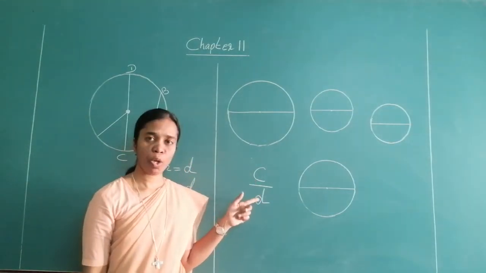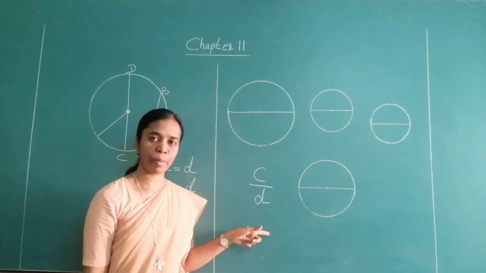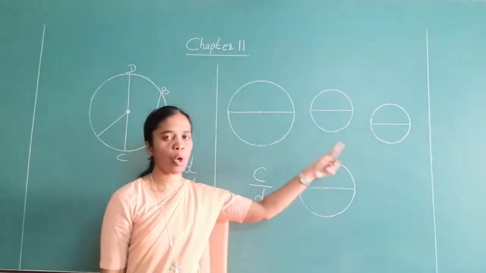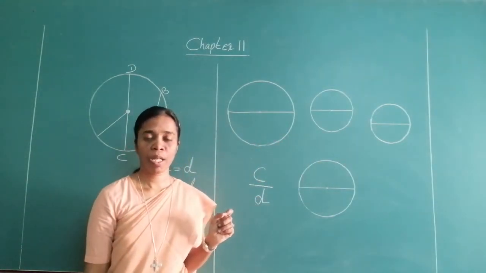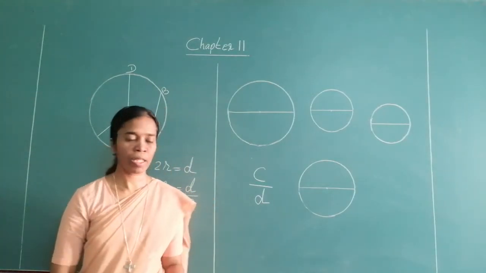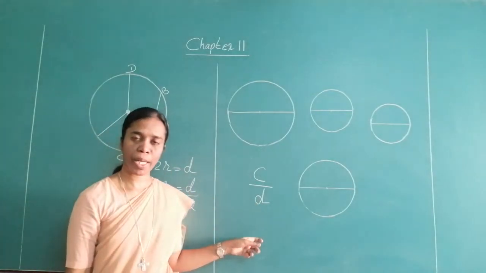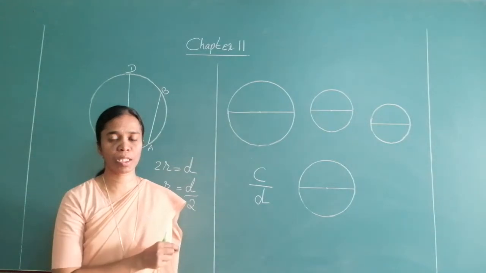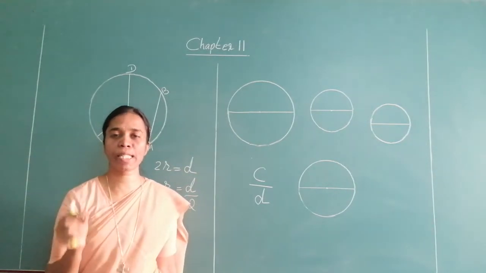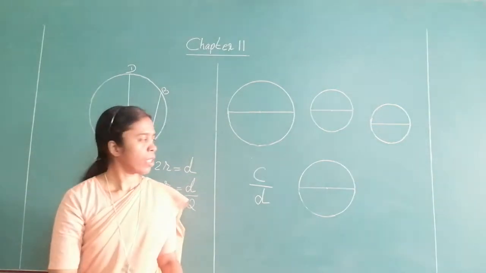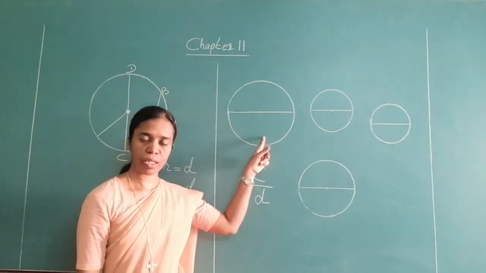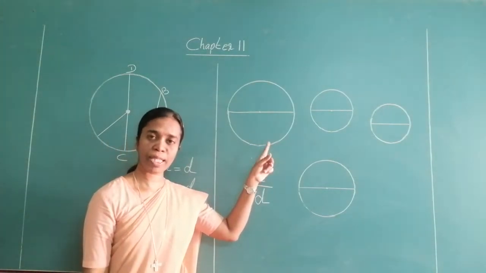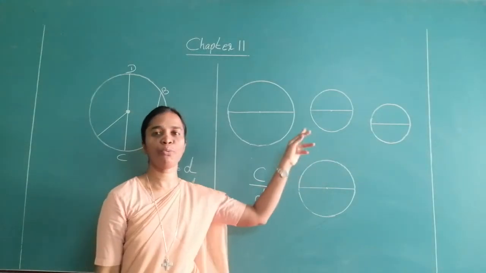So the ratio of circumference to the diameter, you find out for all 4 circles. And you will come to know that the circumference upon diameter for all 4 circles are constant. That is, if you get for the first circle circumference upon diameter, the same value will be for all 4 circles.